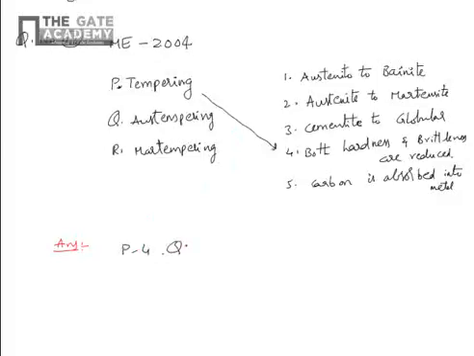For Q, austempering, austenite to martensite or bainite. In austempering austenite to bainite, so Q1, or in martempering austenite to martensite. So C is the answer.